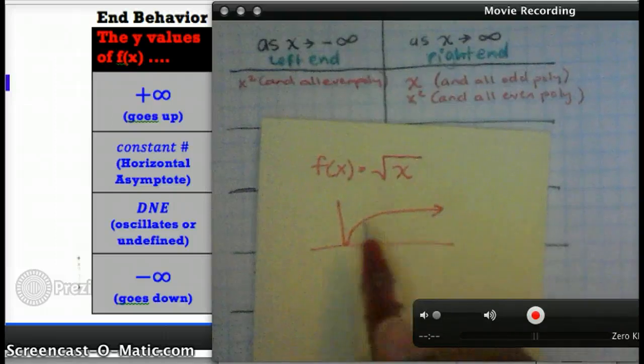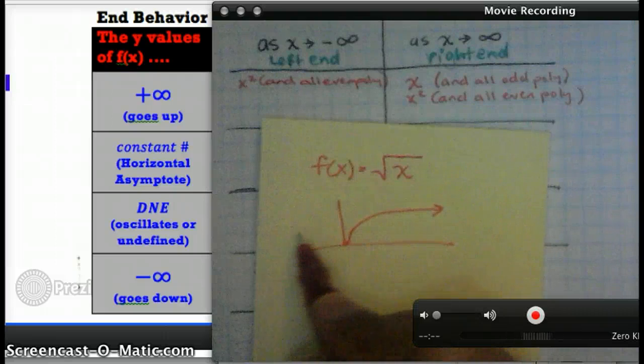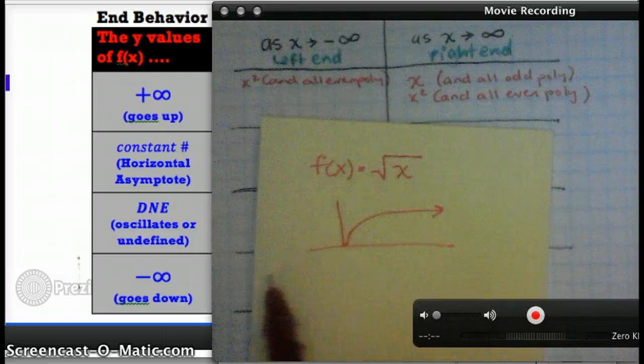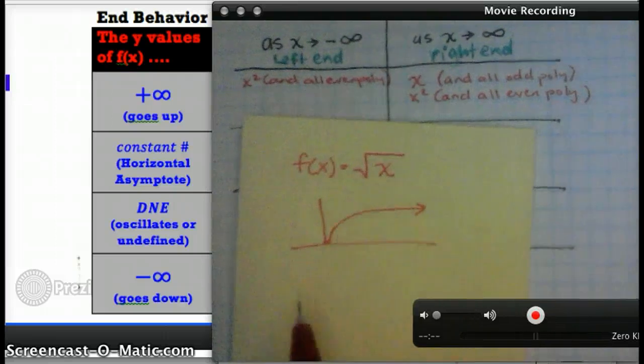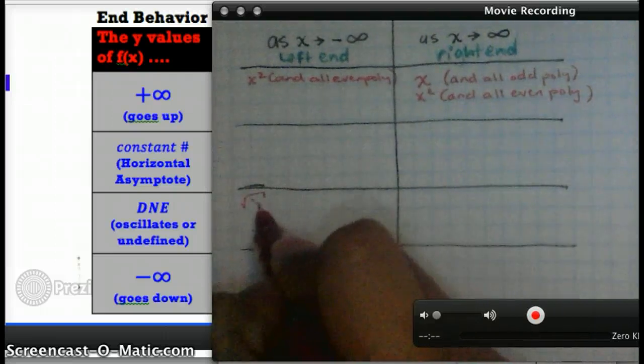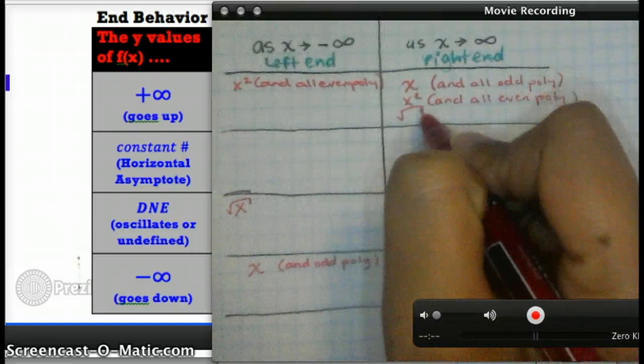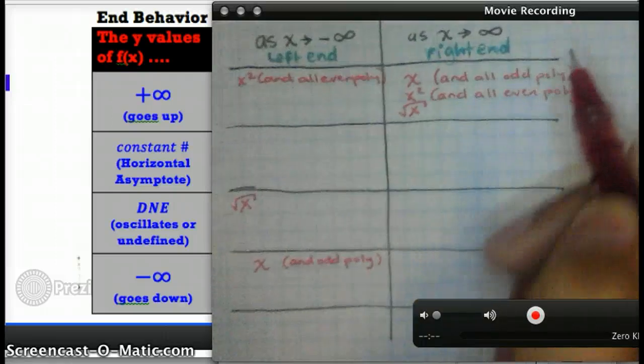It's not a horizontal asymptote as much as we might accidentally make it look that way. The left-hand side, however, stops existing. It doesn't go to the left, really. So on the left-hand side, the square root function doesn't exist. And on the right-hand side, the square root function goes to positive infinity.